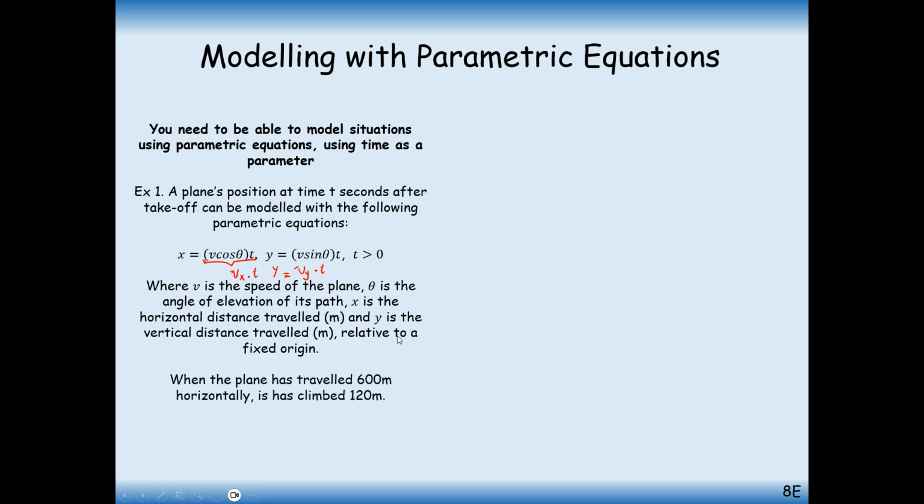So when the airplane has traveled 600 meters, it has reached a height of 120 meters. And we are assuming that θ is fixed here. I know in real life airplanes take off in a rather exponential way, but what we are assuming here is that the airplane travels in a linear direction.